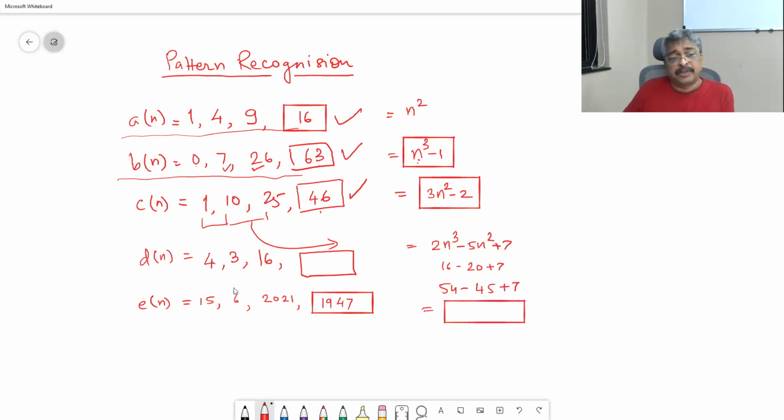By which, if you put n is equal to 1, you will get 15. If you put n is equal to 2, you will get 6. If you put n is equal to 3, you will get 2021. And if you put n is equal to 4, 1947. Maybe 1947 is a very good number.